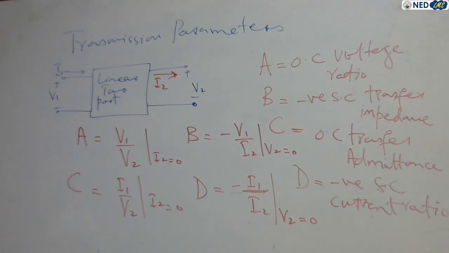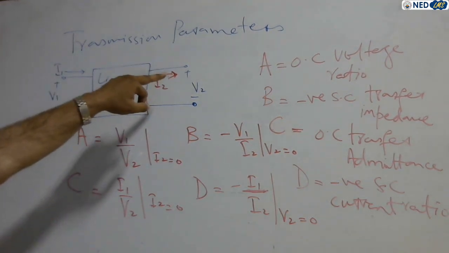So the two-port parameters show how a circuit transmits voltage and current from source to a load, right? They are useful in the analysis of transmission lines such as cable, fiber, because they express sending end variables V1 and I1. This one is the sending end, this one is the receiving end, right?